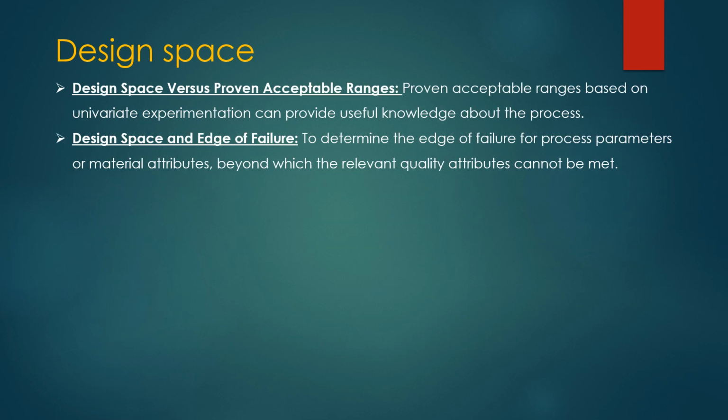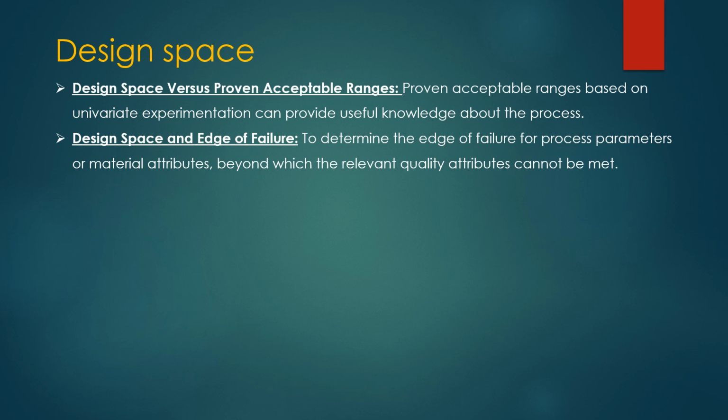Design space versus proven acceptable range. Proven acceptable range based on univariate experimentation can provide useful knowledge about the process. The proven acceptable range is a characterized range of a process parameter for which operation within this range, while keeping other parameters constant, will result in producing a material meeting the relevant quality criteria.